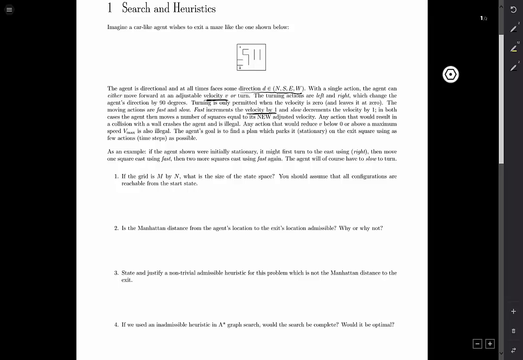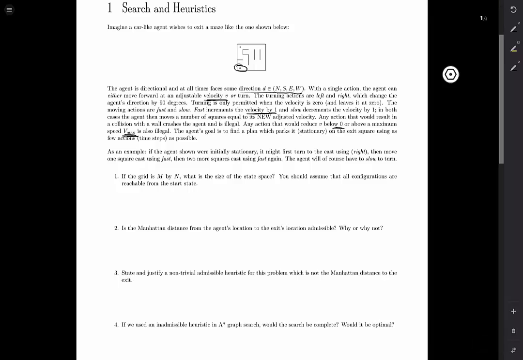Now, our velocity V is bounded below by 0 and bounded above by Vmax. We also know that the agent exists at some position, some coordinate.